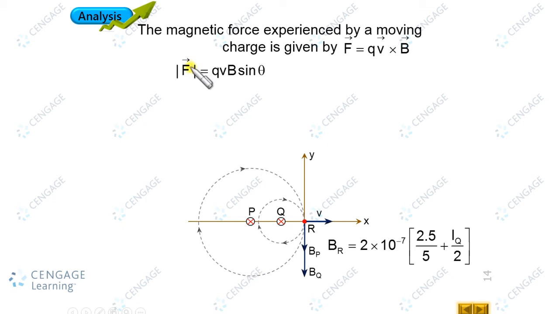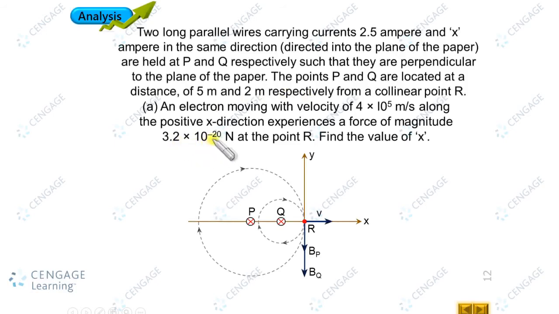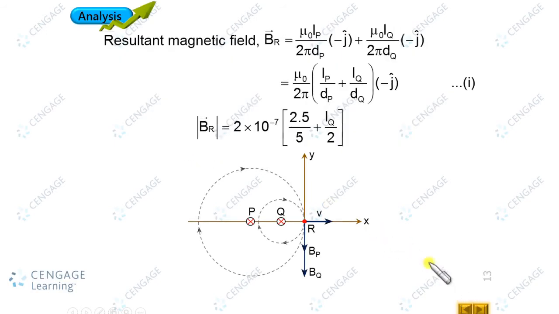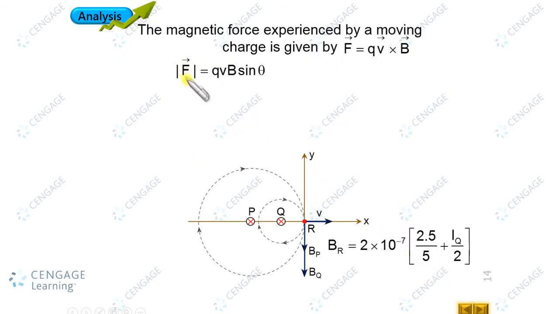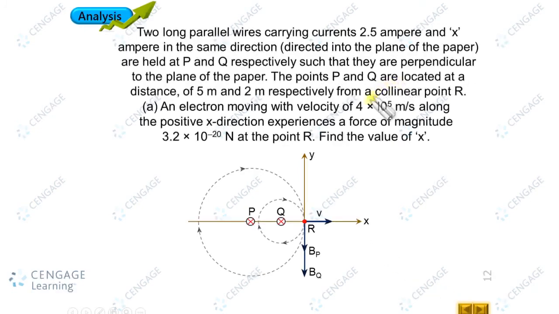The force on the electron is 3.2 into 10 to the power minus 20, right? So let us substitute this value, 3.2 into 10 to the power minus 20. Charge on the electron is 1.6 into 10 to the power minus 19, and velocity we are given. Velocity is 4 into 10 to the power 5 meter per second.